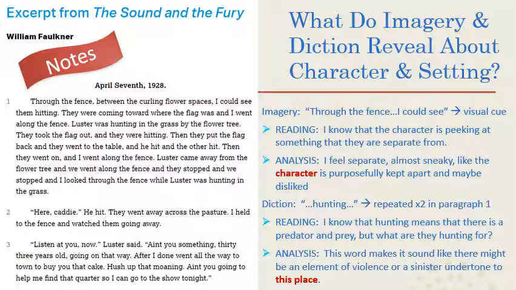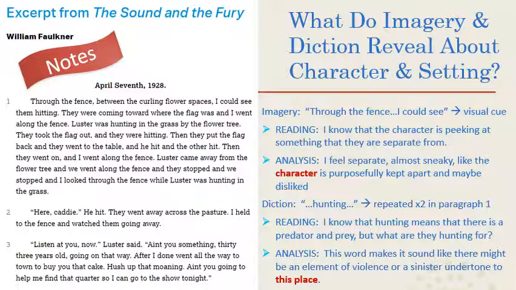We also looked at the diction choice of the word hunting, and talked about how, why didn't they use the word searching or looking, but they used the word hunting, and that brings up connotations of maybe the underlying sinister nature of things, or possible violence, or things like that. So that's where we stopped, and then you went and you found your own examples and analyzed them.